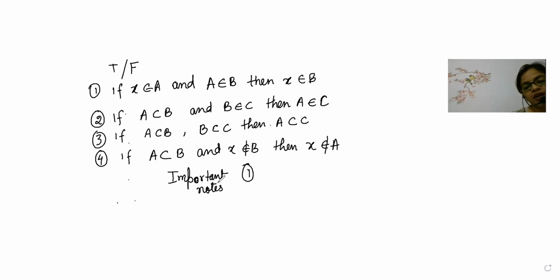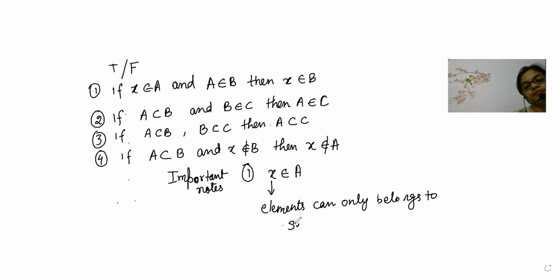Fine. First part is, beta, an element can only belong to a set. This is exactly called an element. Elements can only belong to a set.